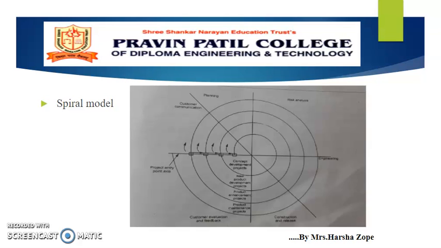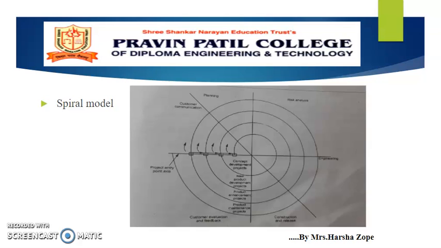Customer feedback is obtained, and based on customer evaluation, required tasks are performed and implemented at the installation stage. In each region, a number of work tasks are carried out depending upon the characteristics of the project. In the spiral model, the software engineering team moves around the spiral in a clockwise direction beginning at the core.